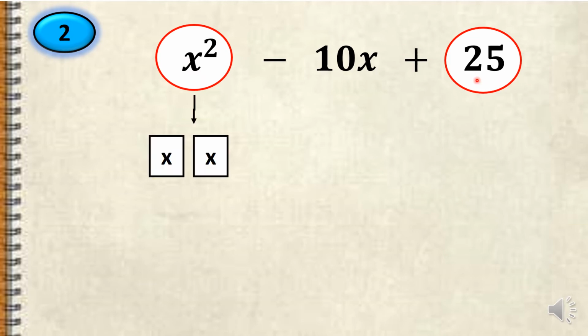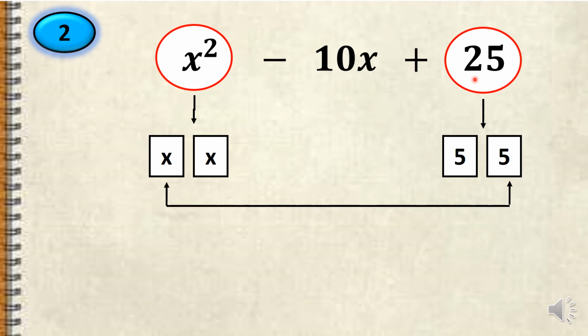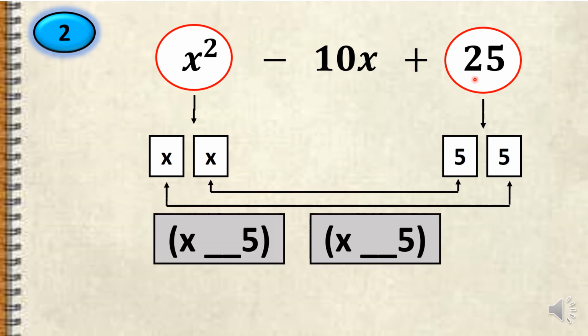And then for 25, ang number na kapag tinimes mo sa sarili niya, 25 ang sagot, is 5. So you have 5 times 5. Do the pairing. So you have x to be paired with 5, then the other x to be paired with 5. Then lagay siya sa loob ng parentheses, and then we need to decide the operations for the factors. Okay, so you rewrite once again.